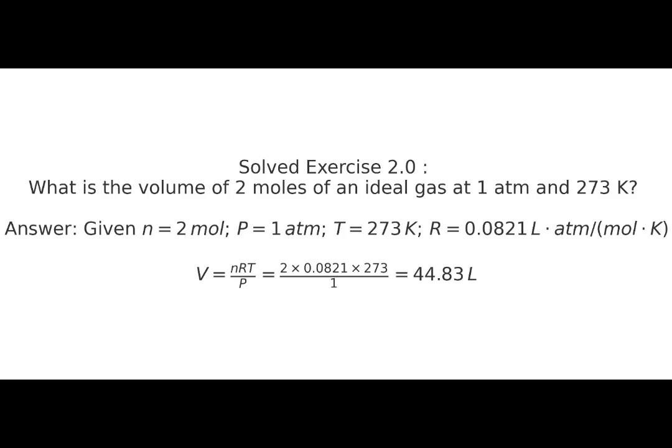Therefore the volume of the ideal gas is equal to 2 times 0.0821 times 273/1 equals 44.8 L.